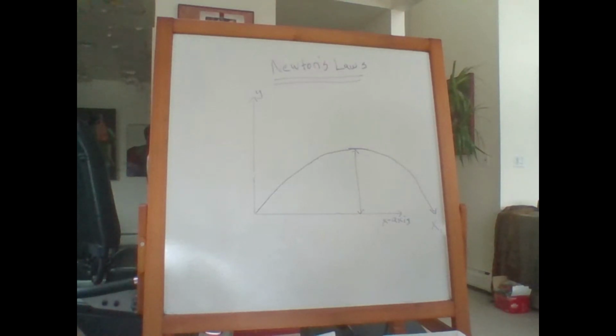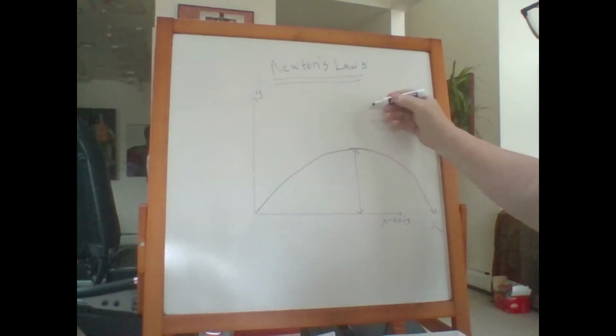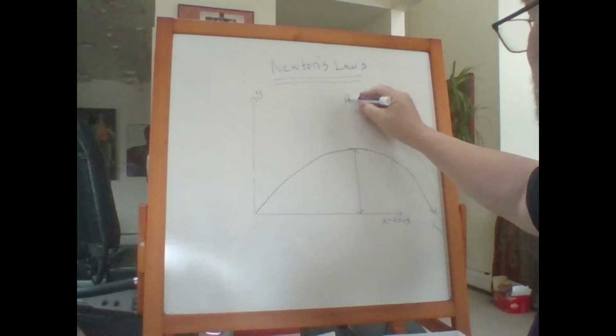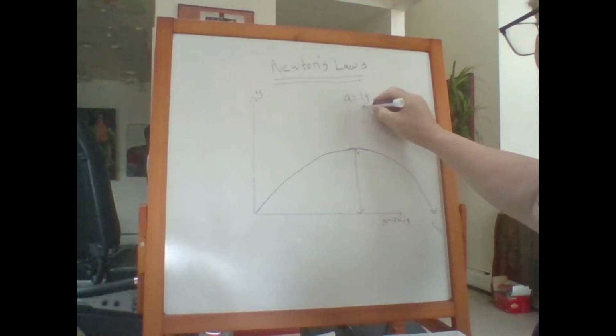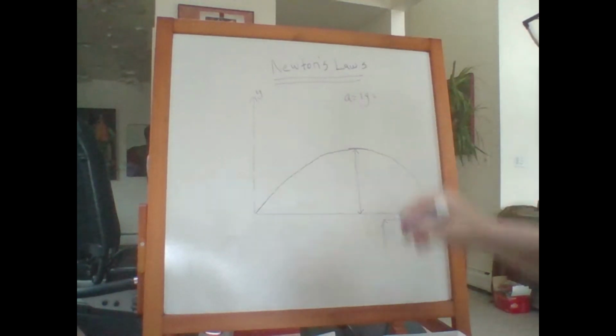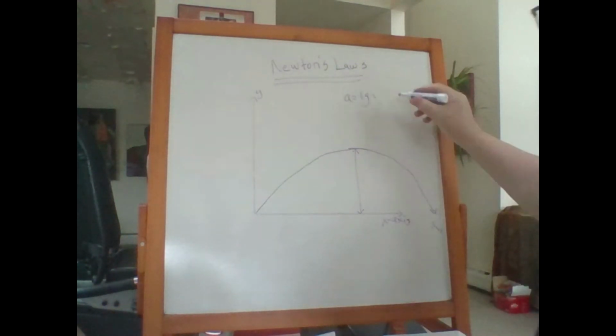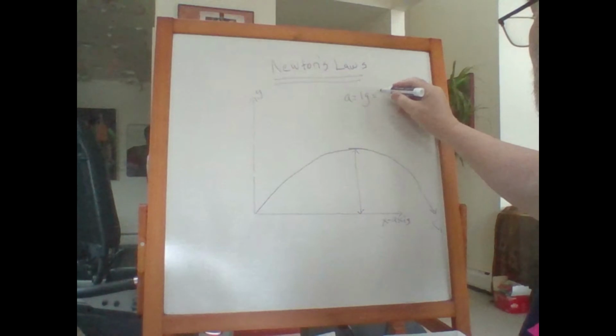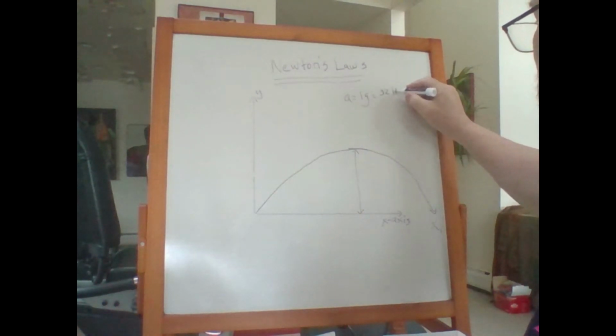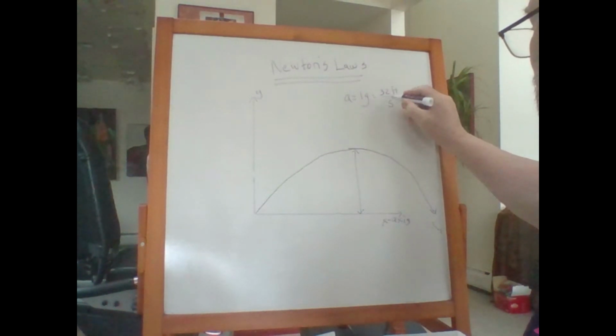This is the way objects move under a gravitational field, under what we call 1g, an acceleration of 1g. And 1g, I'm going to do it in English units, is given by 32 feet per second squared.